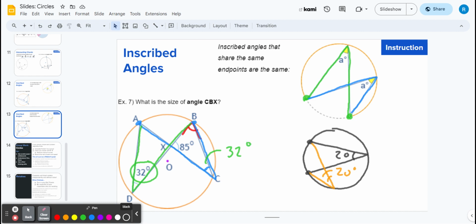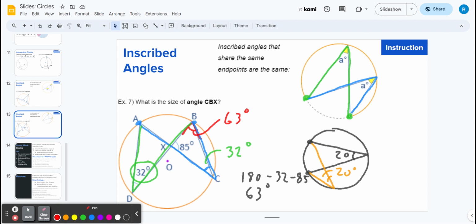And then if we have that, we can find that missing angle, this angle B here, as 180 minus that 32 minus that 85. And if we do that, 180 minus 32 minus 85, we get a value of 63 degrees. And that is what this angle at B is, 63 degrees.